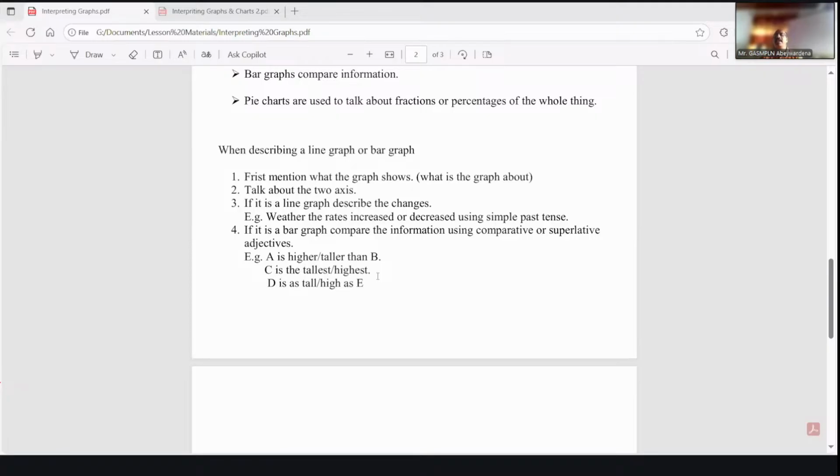Now suppose D and E are similar. D and E are similar in height. How do you say? D is as tall as E. What is the structure? First noun, be verb, as, positive adjective, as, second noun.